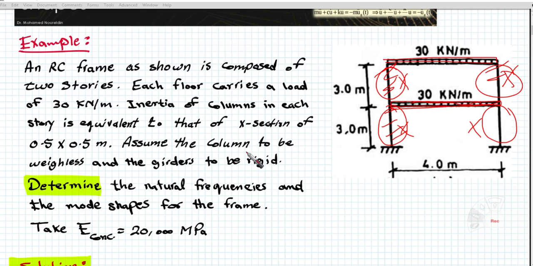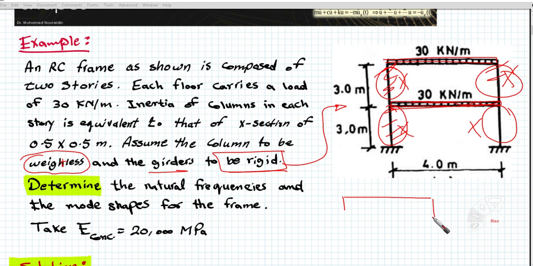So assume the columns to be weightless, and girders to be rigid. The meaning of girders to be rigid, as I have mentioned before, is that the girder has high stiffness compared to the column.